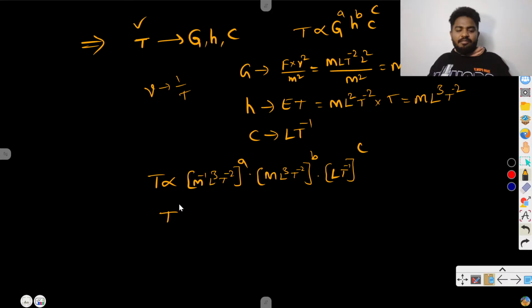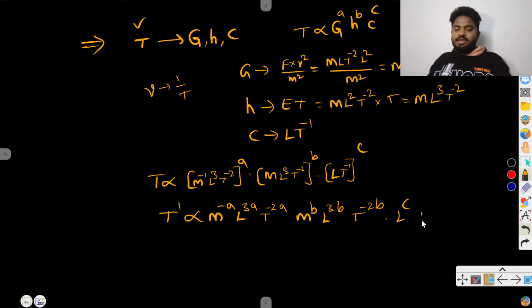Now T power 1 is proportional to M to the power minus a, L to the power 3a, T to the power minus 2a, M to the power b, L to the power 2b, and T to the power minus b, and L to the power c, T to the power minus c, right?